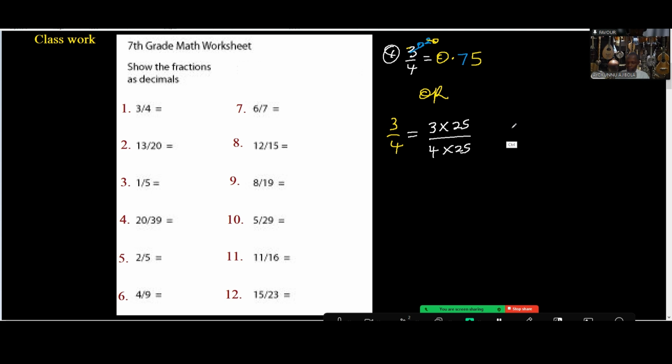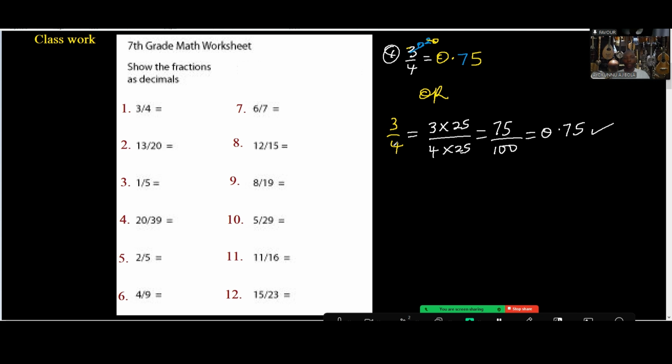Is that clear? Whatever I do to the denominator, I must do to the numerator. So this gives me 75 over 100, and of course, this is 0.75, right?